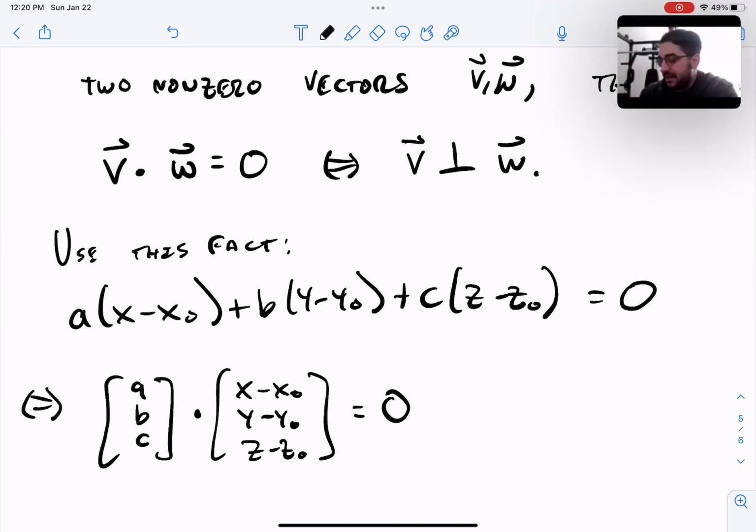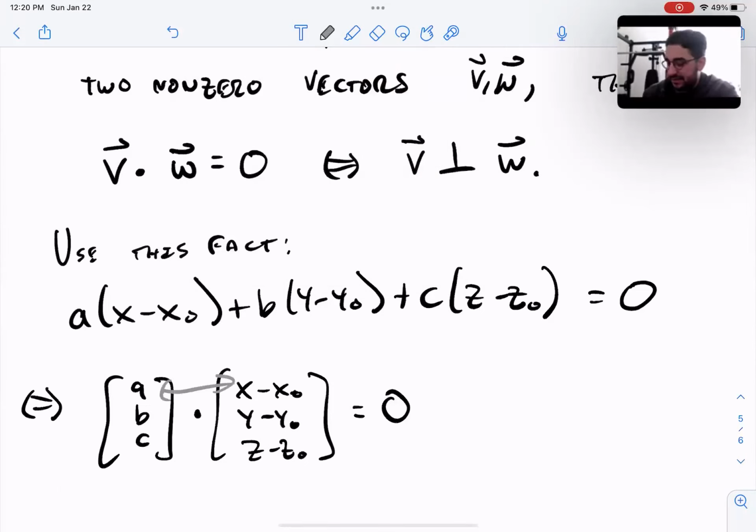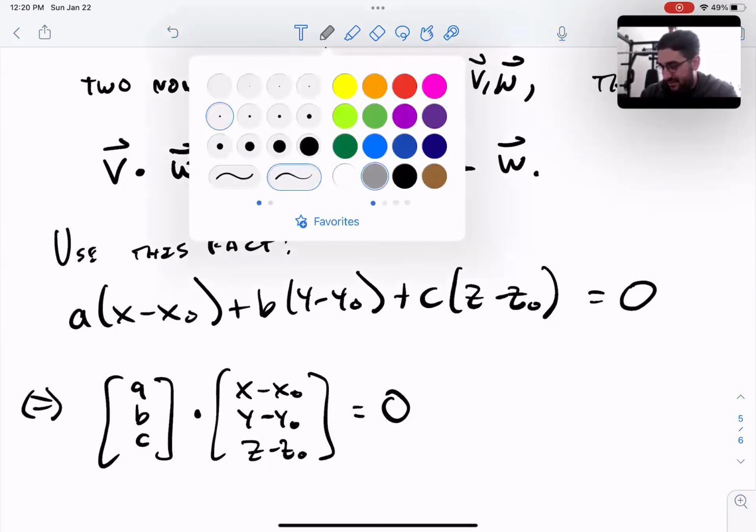Because how do you compute a dot product? You take this times this, this times this, and so on, and you add them up. Well, that's exactly what's up here. It's those products added up. So I noticed that equation is a dot product. Okay, that is helpful.